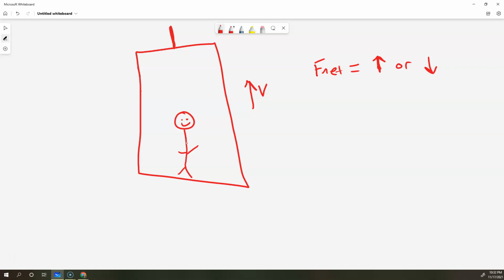Well, if you watched my last video, hopefully you don't know. There is no relationship between velocity and net force. You don't know the direction you are moving based on the net force, and the direction you are moving has nothing to do with the net force. Remember, net forces don't say anything about velocity or direction.